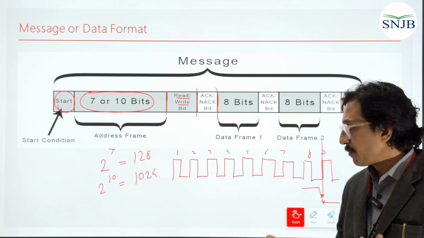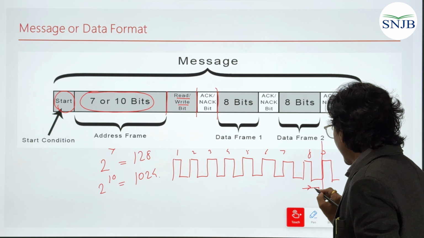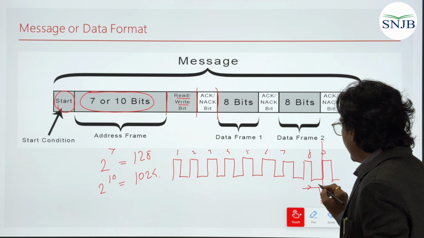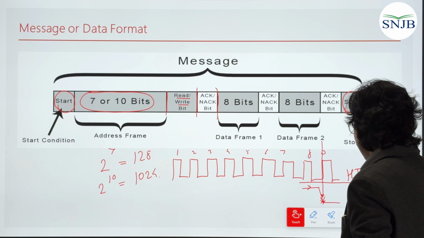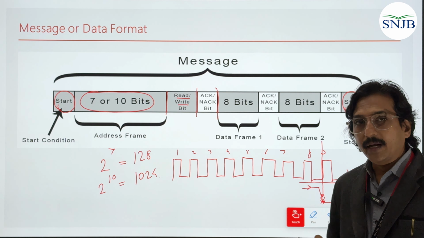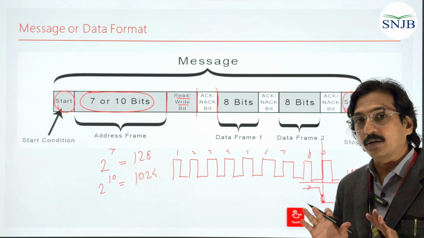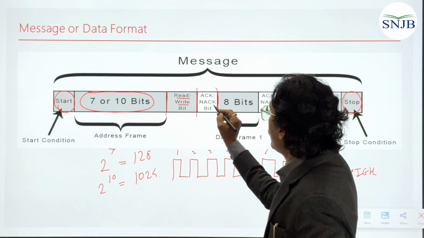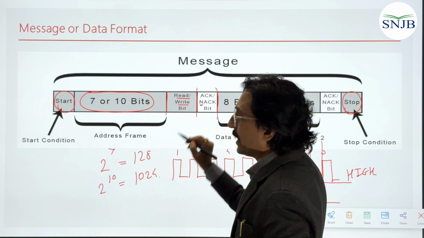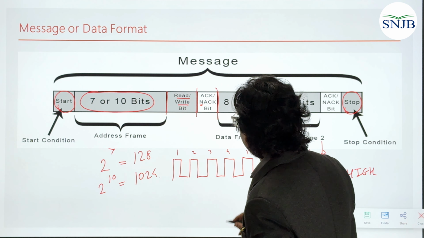This is the meaning. But if there is no high to low transition and it is only high, it means the slave did not receive any data, or partially received the data, or did not receive it completely. So it is a no acknowledgement, a negative acknowledgement. So this is about acknowledgement and negative acknowledgement.